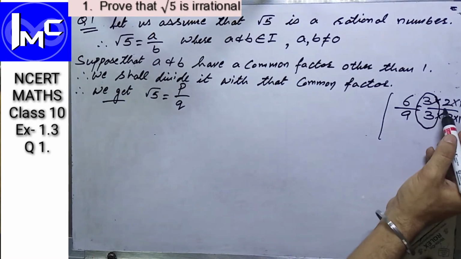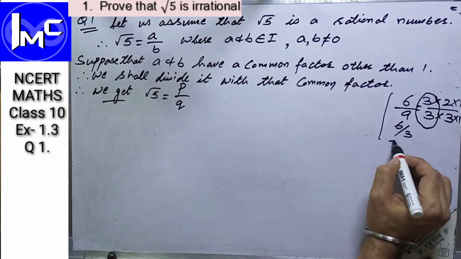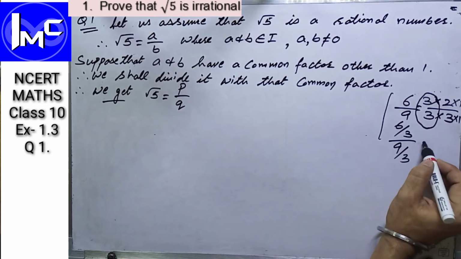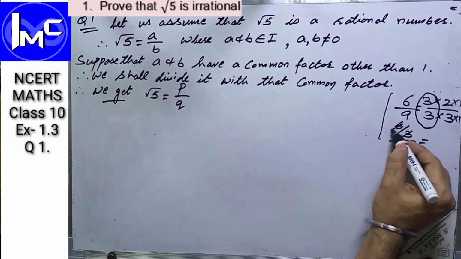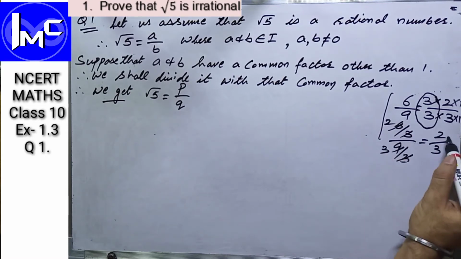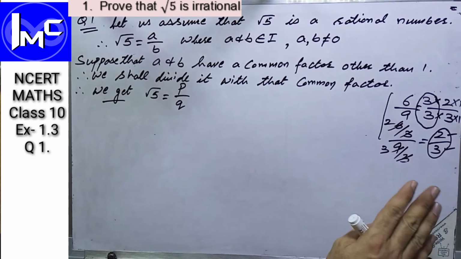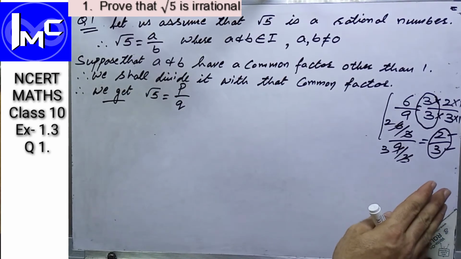Now if we divide these numbers by 3, what shall we get? We get 2 here and 3 here, and we get 2 and 3 which are co-prime. They have no common factor other than 1.